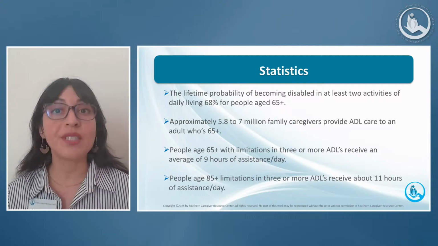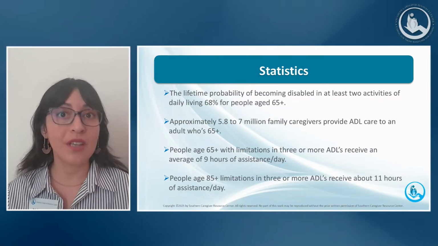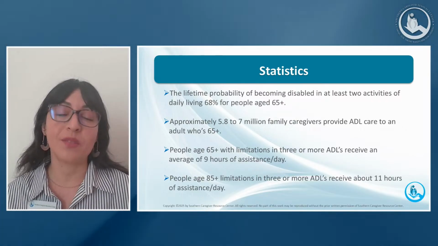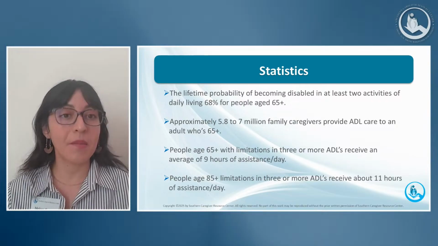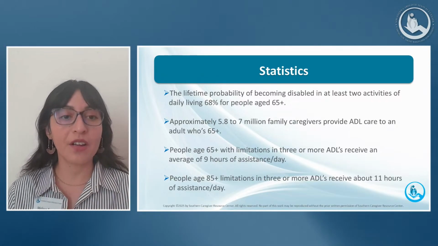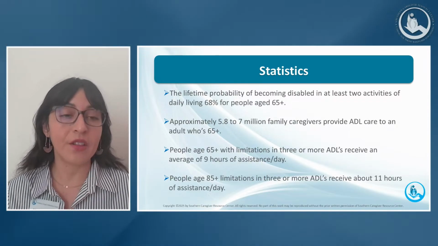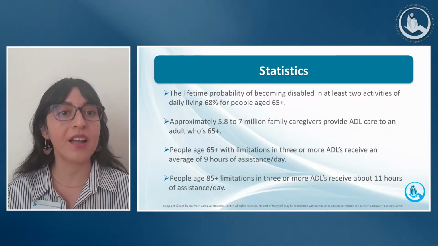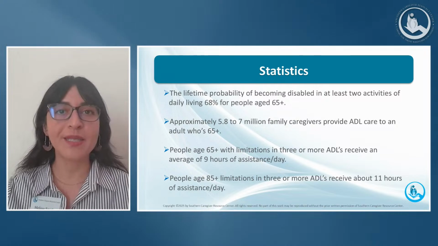And once you see that 3 or more activities of daily living equals approximately 9 hours of assistance per day, that's a lot, right? That's maybe a big monetary investment. That's a lot of time that the family caregiver needs to really invest in their care receivers. So we'll expand on that if this point isn't necessarily as clear. No worries.